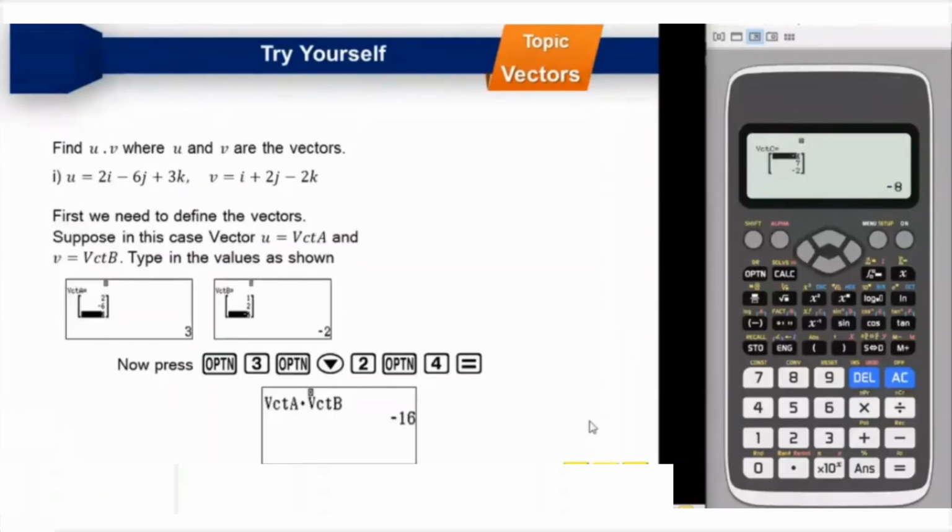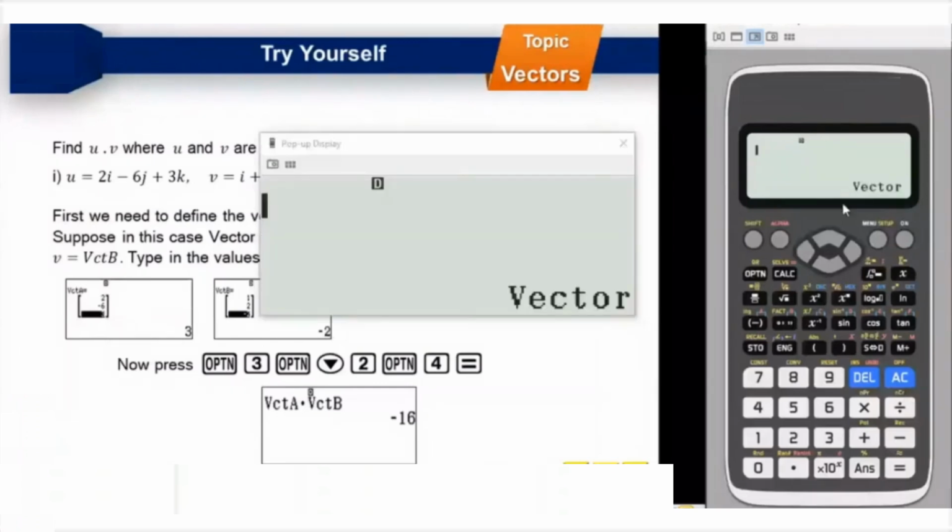So the next question is: find u dot v, where u and v are vectors. Once again, please realize that u and v are 3-dimensional vectors. The first task is to define the vectors, and since you are defining them all over again, you need to clear the memory of the calculator.